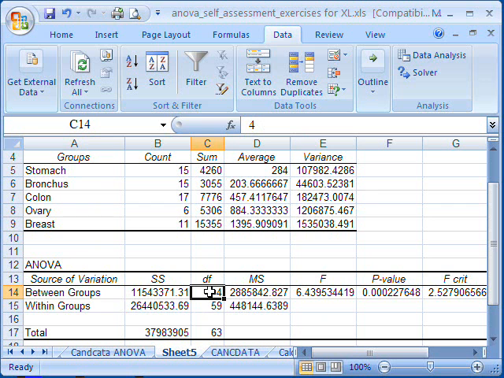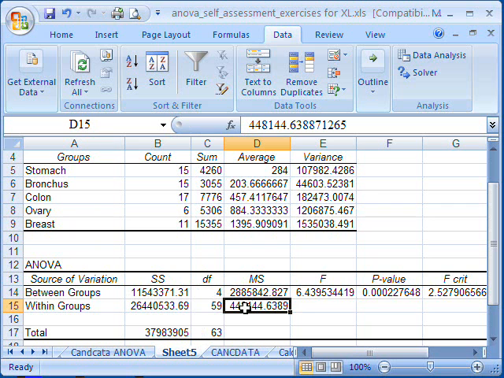In this case we've only got univariate ANOVA. There's only one source of variation in your data apart from error, which is your cancers. And there were 5 different cancers, so we've got 4 degrees of freedom. And error is going to be everything that's left. So it's going to be the total degrees of freedom, which is 63, minus 4, gives you 59.